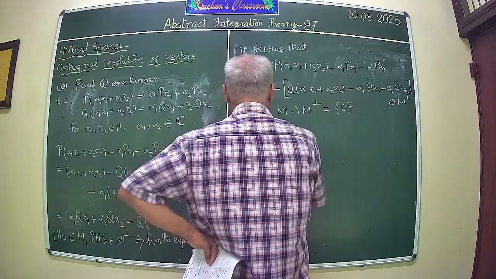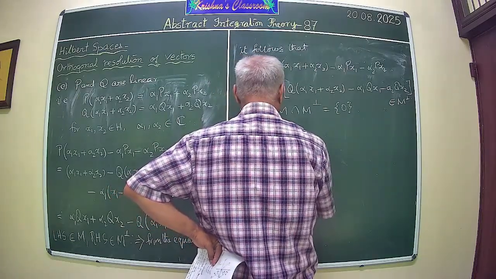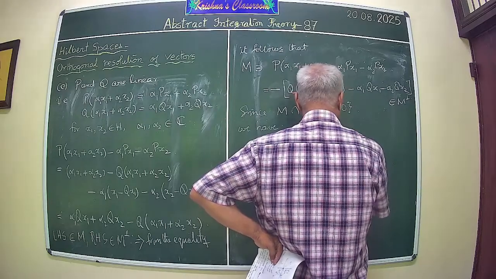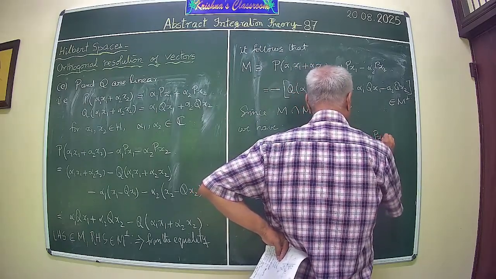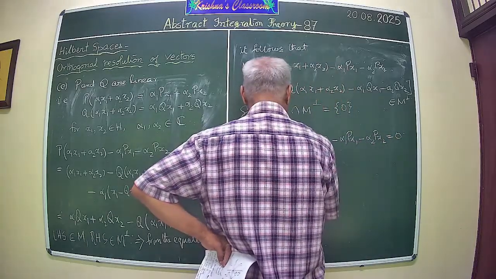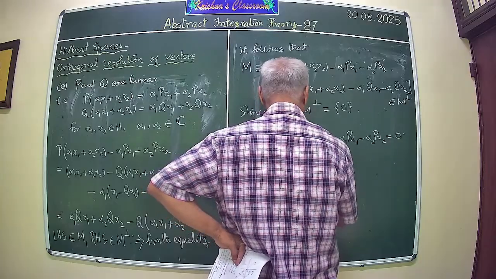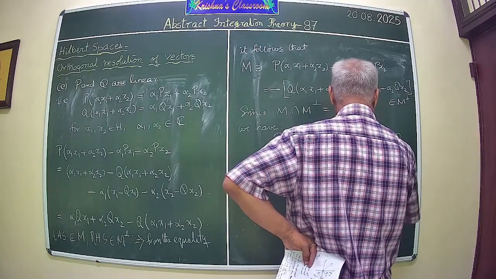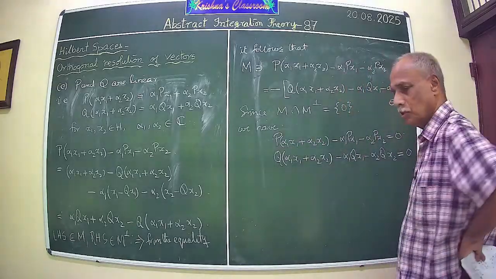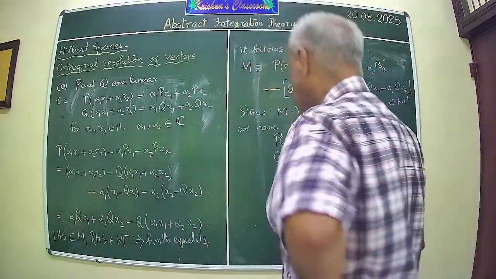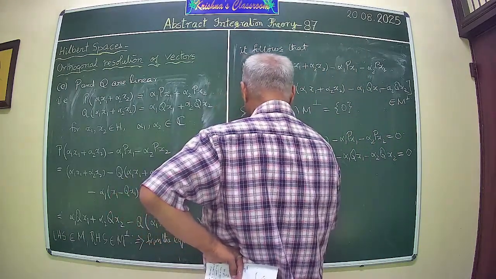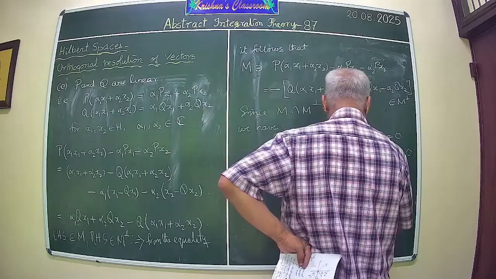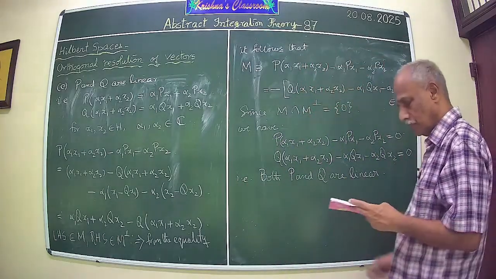We have equal to 0, Q of, that means both P and Q are, it's wonderful. So these two are linear.